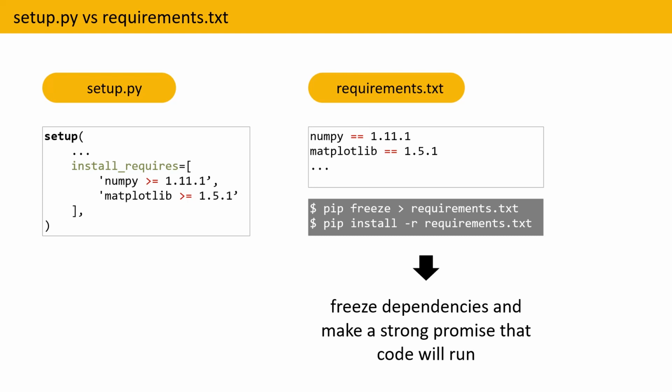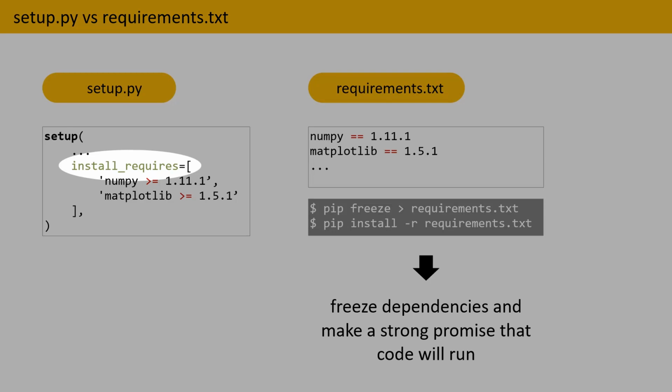A pip install of requirements.txt will replicate this environment as precisely as possible. But since Python packages are often wrappers around C++ libraries, there still might be differences depending on operating systems and computers. So requirements.txt makes a very strong promise, but the promise is not 100%.